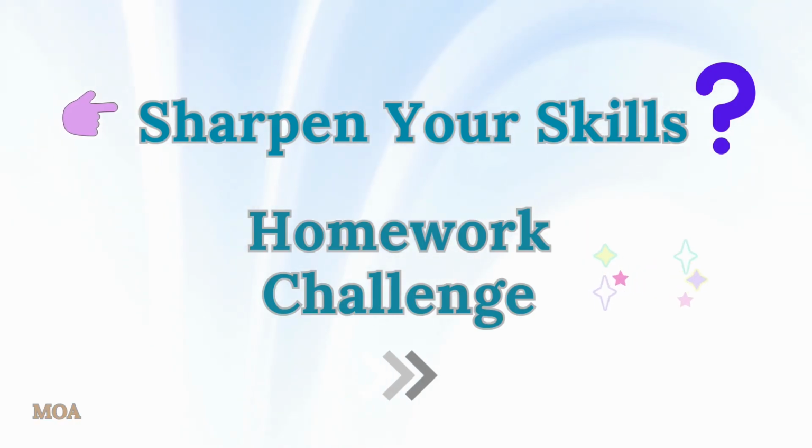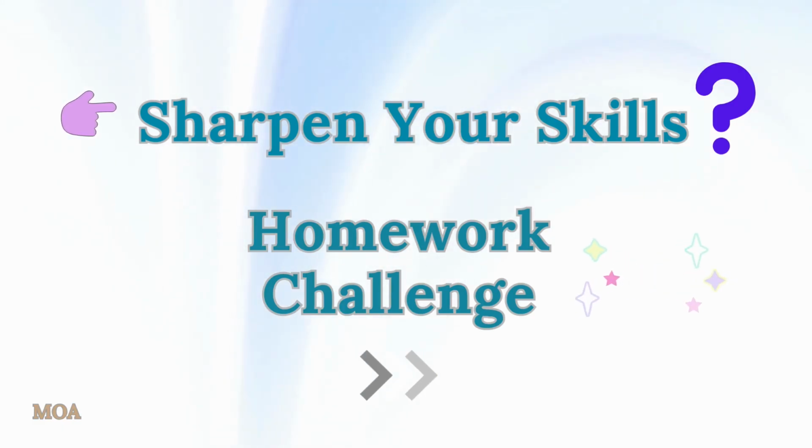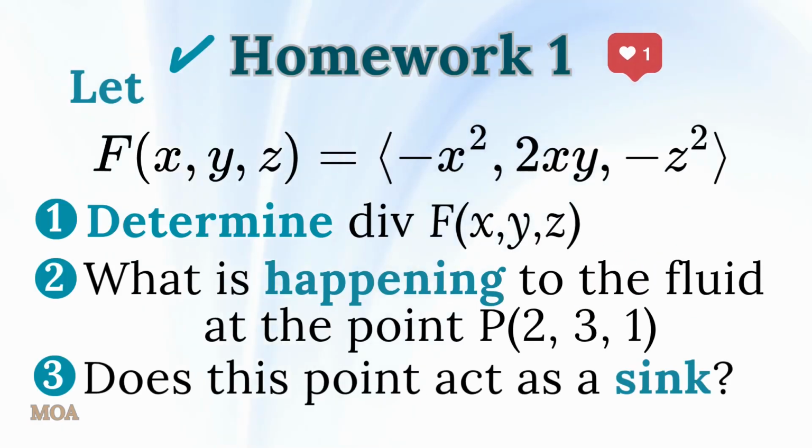Good. Now, are you ready to sharpen your skills? To consolidate the methodology we covered in Lesson 62, let us proceed to the homework assignment. Here is the first problem.